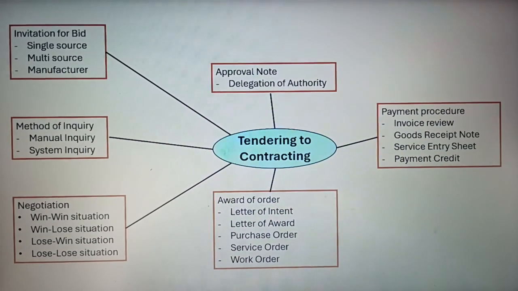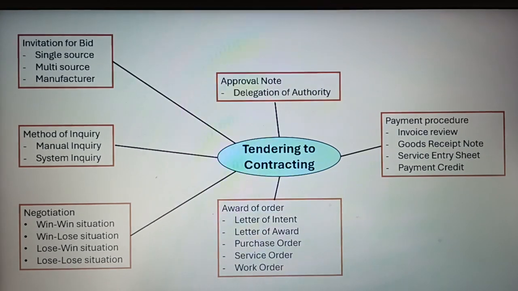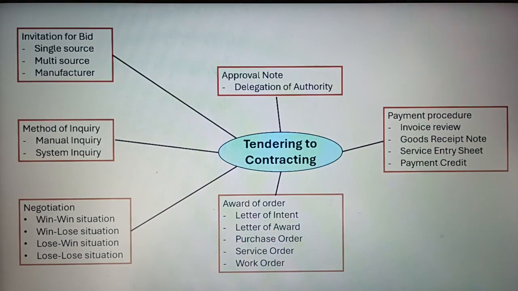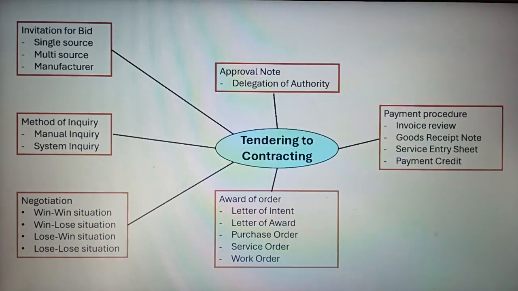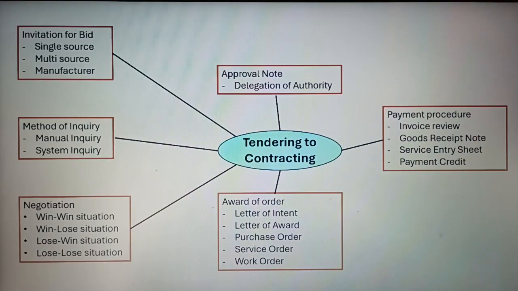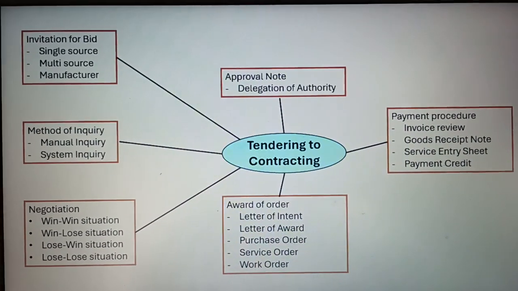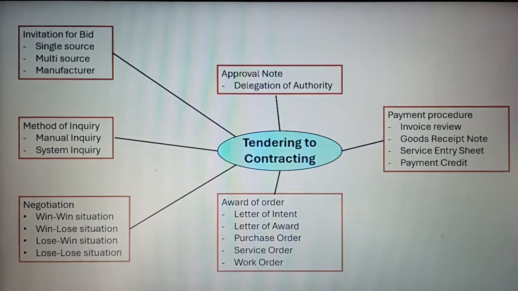The same applies to the second point, the service. If we issue a service order to the contractor, they will do the work every month and raise their invoice at the end of every month.